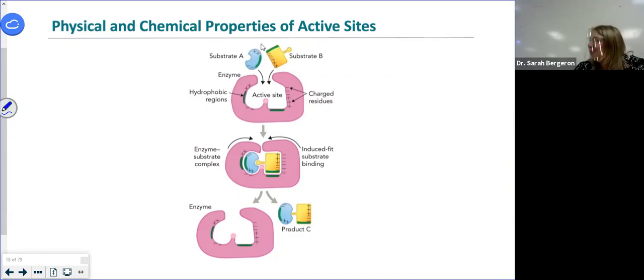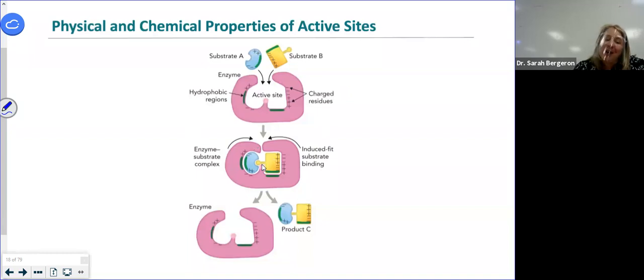That's just portions of the substrate molecule that are charged. And then inside the enzymatic pocket, we also have parts of the enzymatic pocket that are positive and negative. We also have hydrophobic and hydrophilic regions that can align in the same way. And so that's exactly what happens, these substrates come in and they orient themselves in a precise way.